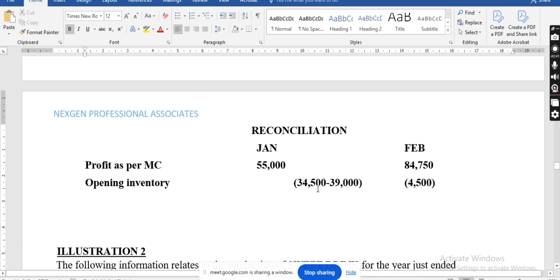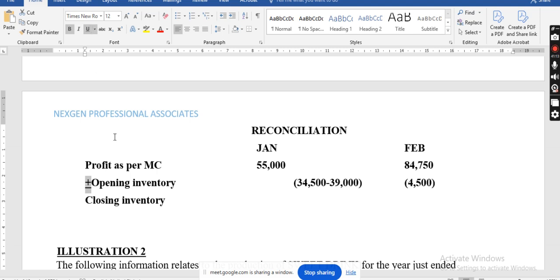Now, if this is established, we did not have opening for January, so you still do closing, because what makes the differences is the valuation of opening and closing inventory. Now, don't forget that opening inventory is plus and minus, right?